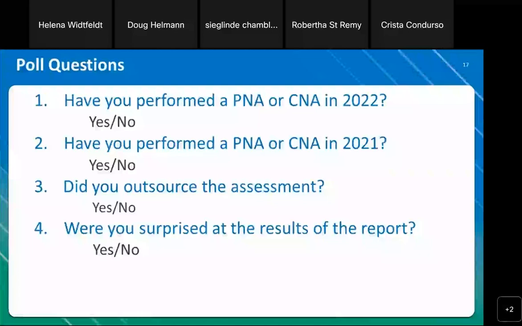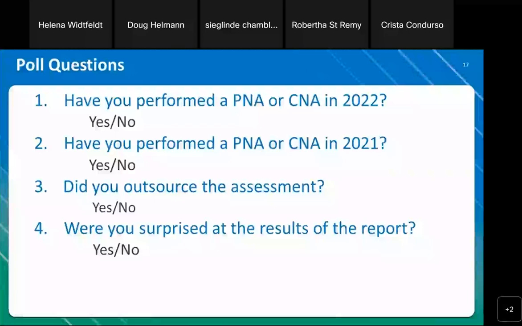The majority of it was outsourced, and one-third versus two-thirds kept it in-house, and half did not participate. And then did you see surprises in the report? Some did, so I guess they thought they had a better portfolio. It's good to know. And the vast majority were not surprised.